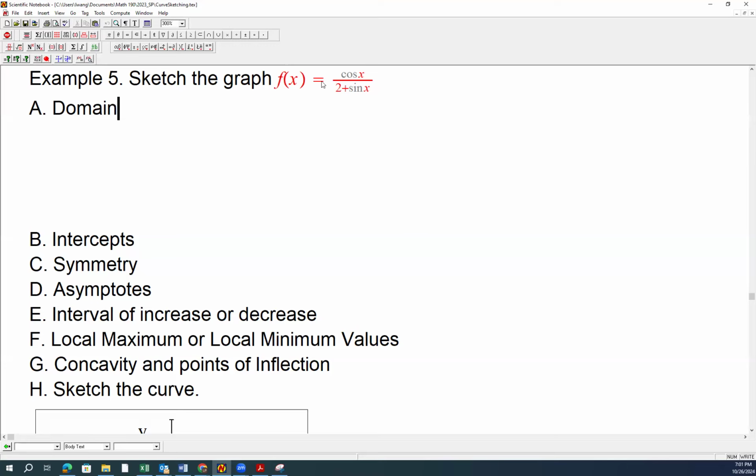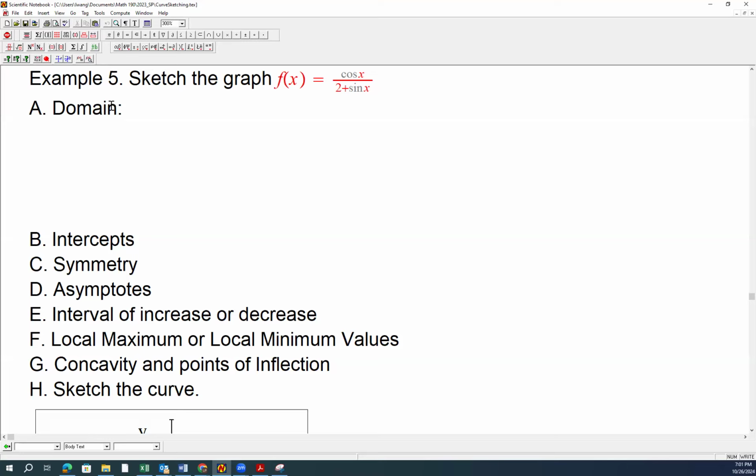But when we have an operation on them, with 2 plus sine x in the denominator and cosine x in the numerator, the numerator, obviously, x can be any real number, but how about the denominator? How do we guarantee the denominator is not equal to 0? Obviously we need to make sure that's guaranteed.